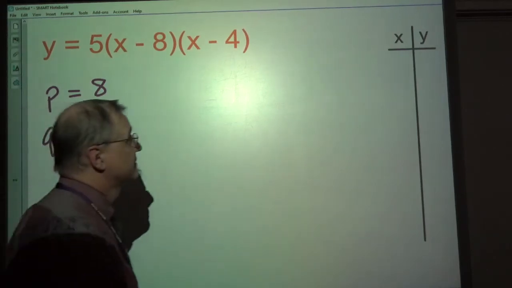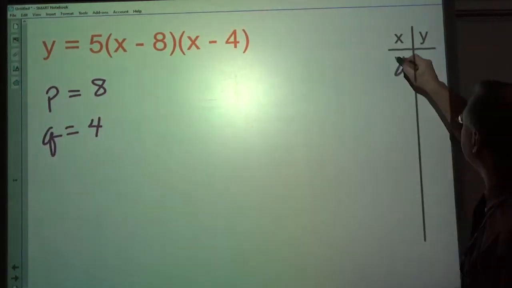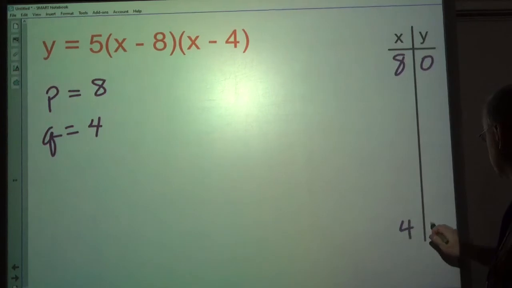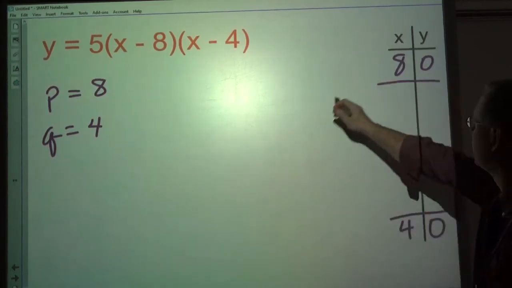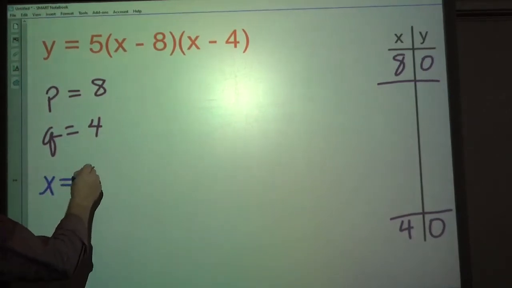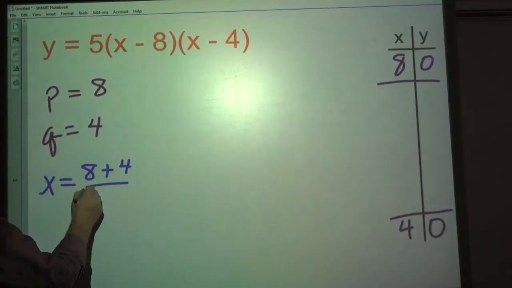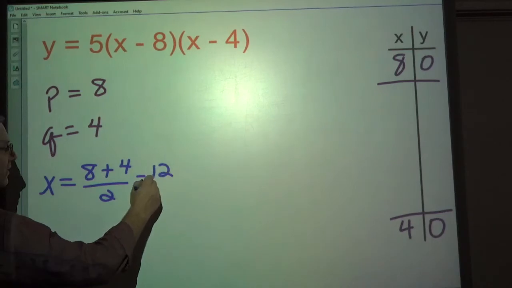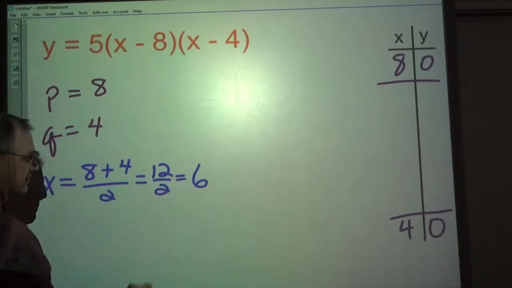So in that case, we know that 8, 0 and 4, 0 will be 2 of our points. X is going to be 8 plus 4 over 2, 12 over 2, or 6.